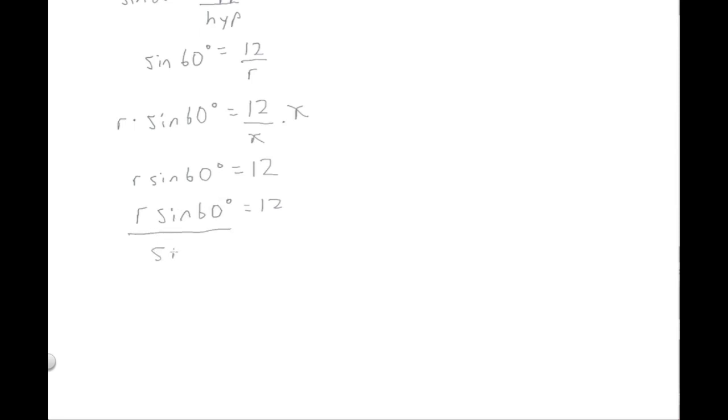We need to divide both sides by sine 60. Now the r is isolated and we're ready to use our calculator.